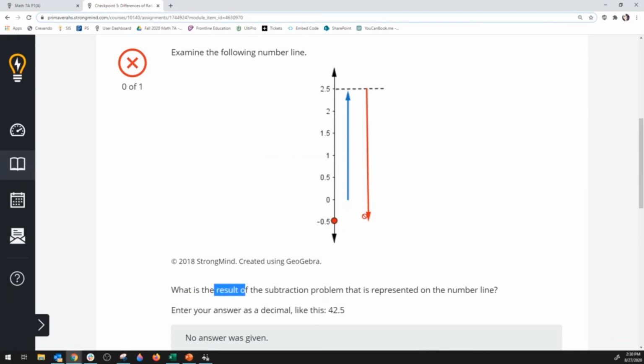And if you remember from a few videos ago when I was talking about number lines, wherever your second arrow ends, that is your solution. So if I look at my second arrow here, this red one, and follow it to my number line, what decimal does it land on? Where does my red arrow end? Negative 0.5, which means the result of this subtraction problem is negative 0.5, and that is all that you have to type for it.